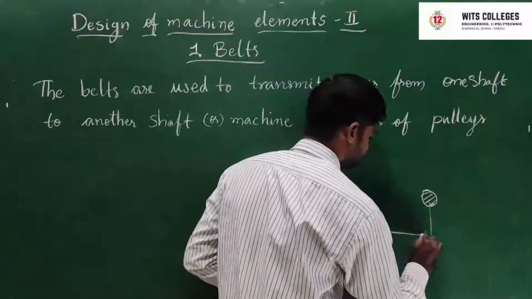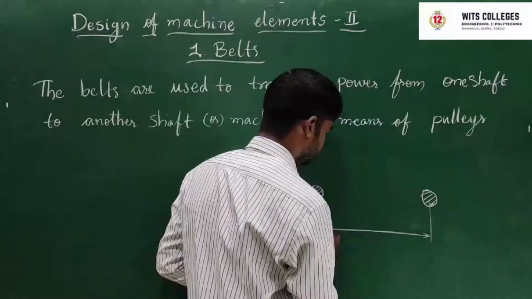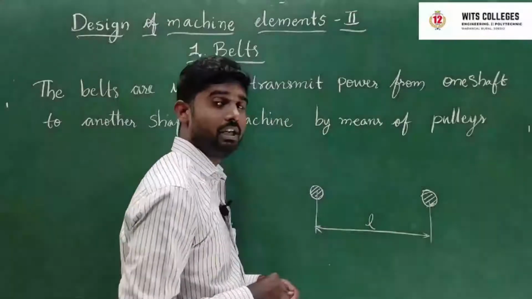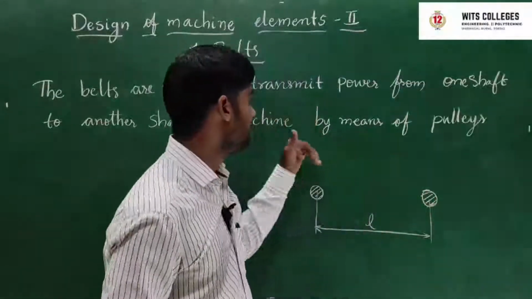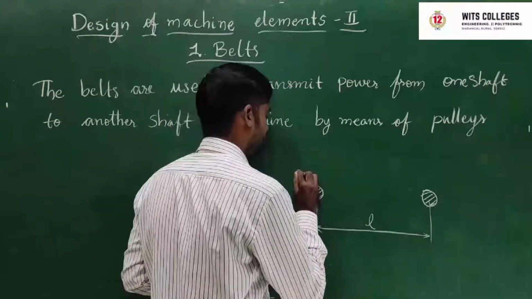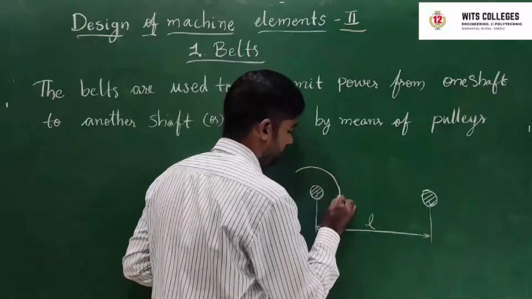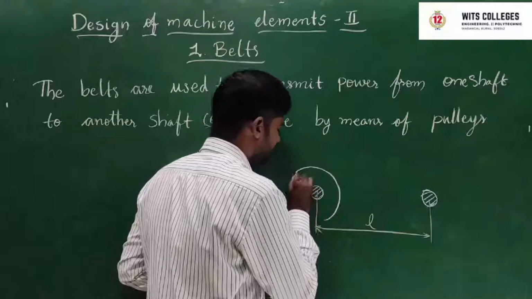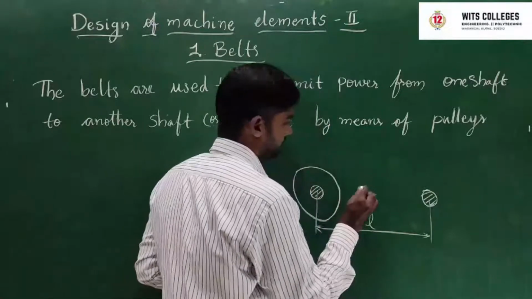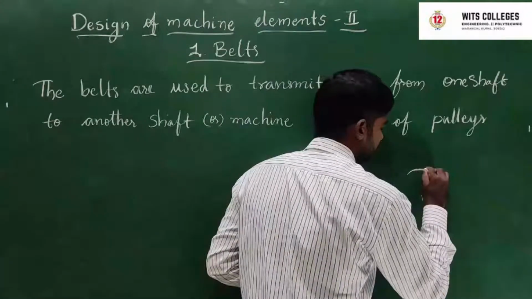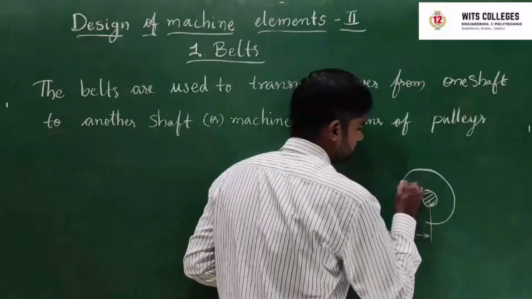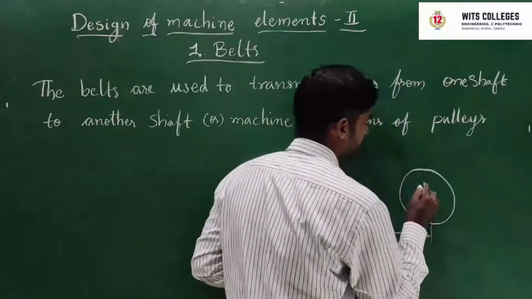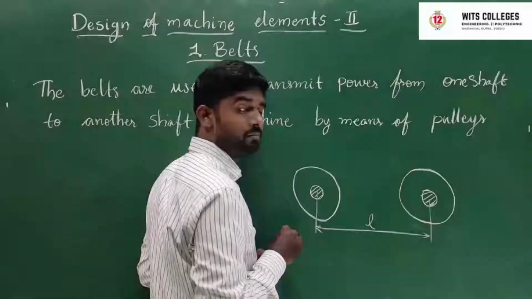I want to transmit the power from one shaft to another shaft, or from one machine to another machine, using pulleys. For example, from a motor to a machine, we transmit the power by using pulleys.